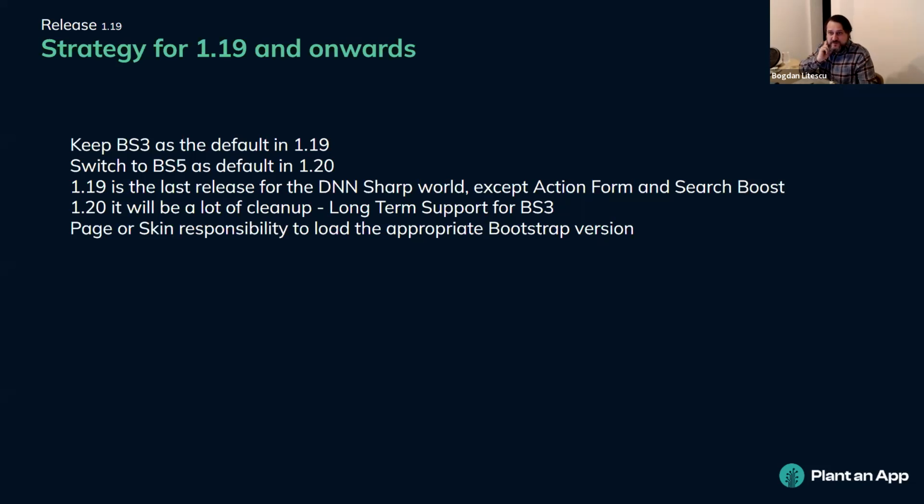Of course, action form and search books will continue to be developed and deployed, so a subset of the features will still be available. But naturally, Plant and App will outgrow these modules as well. So these modules will probably stay to offer, let's say, basic to medium capabilities in the longer term, and then Plant and App is the solution to escalate for more advanced features.